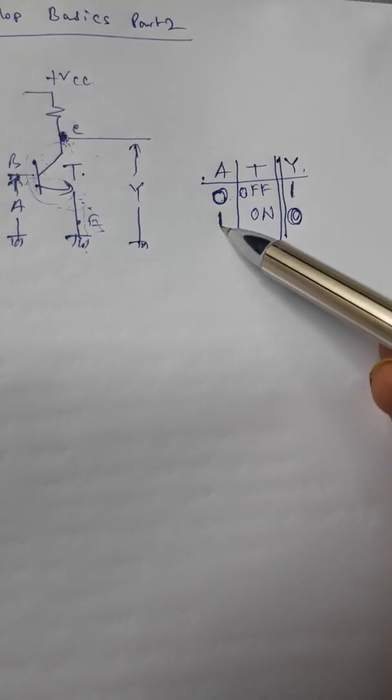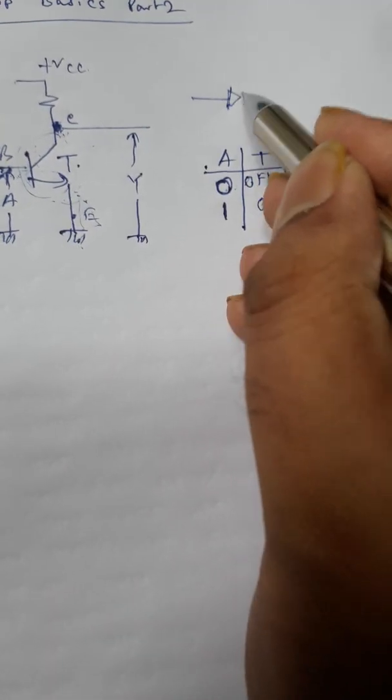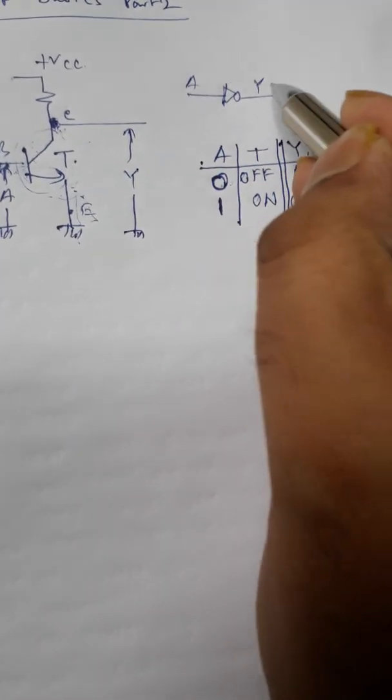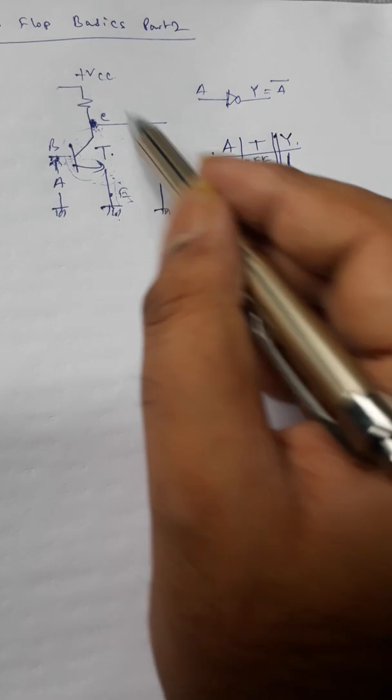When we apply 1, we get 0. So this transistor, rather any transistor in CE mode, behaves like a NOT gate. This is A, this is Y, and we are getting A bar. So this is the logical equivalent of a CE mode transistor.